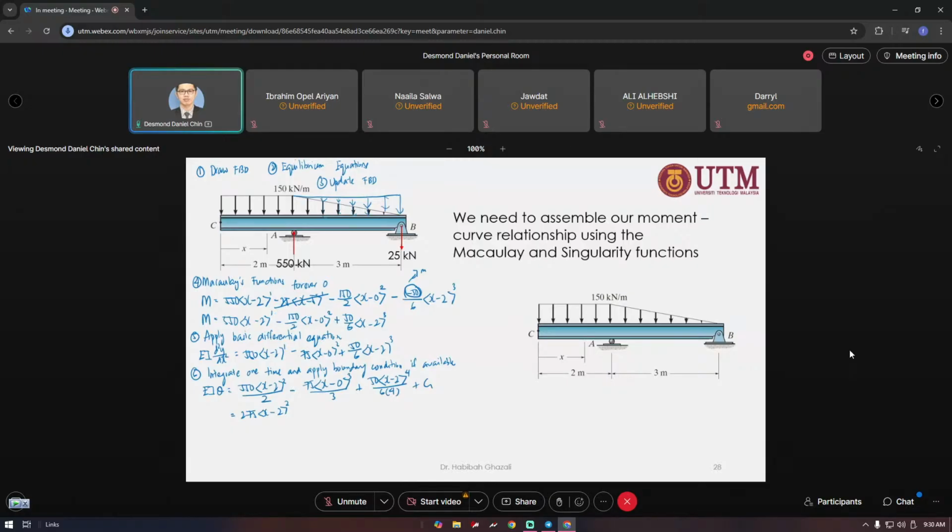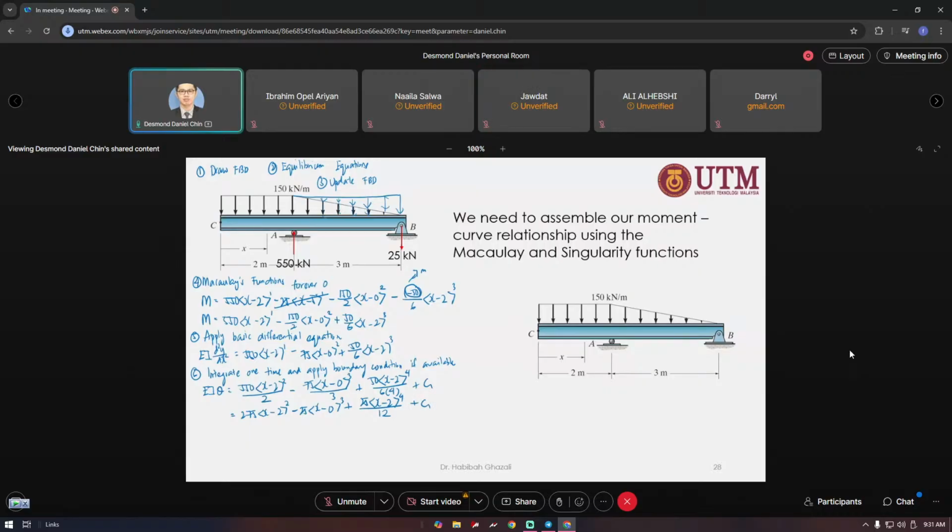Correct or not? (x minus 0) cubed, plus 50 divided by 6 times 4, which is 24, so 50 divided by 24. I will get 25 (x minus 2) to the power of 4 divided by 12, if I'm not mistaken. Can you get this? Yeah. Okay. So this is the equation, right?